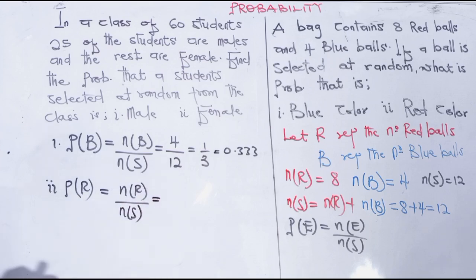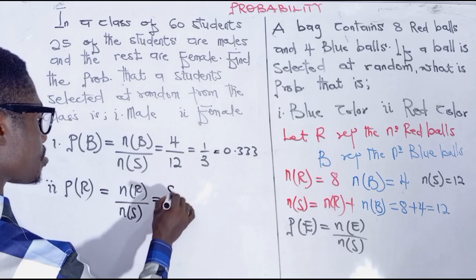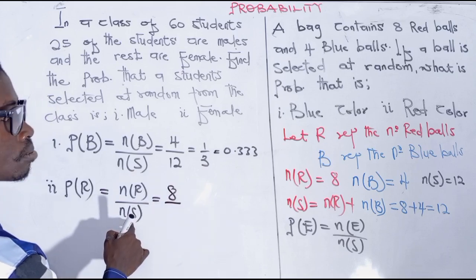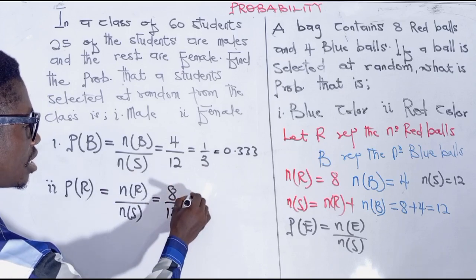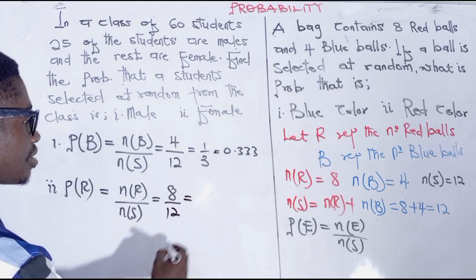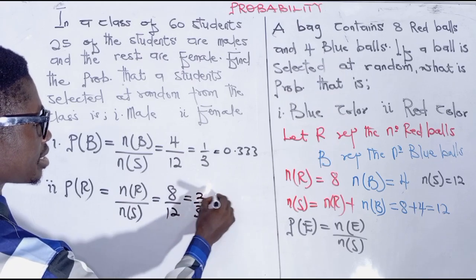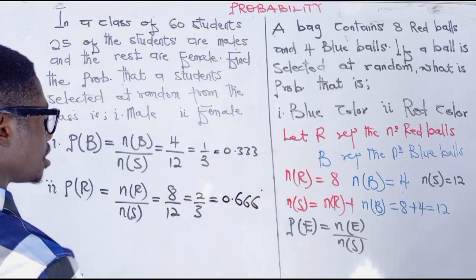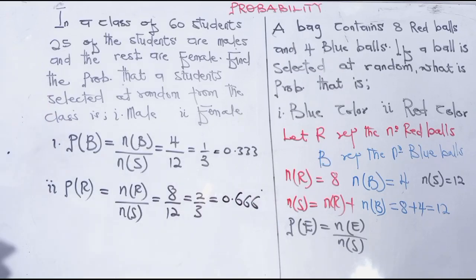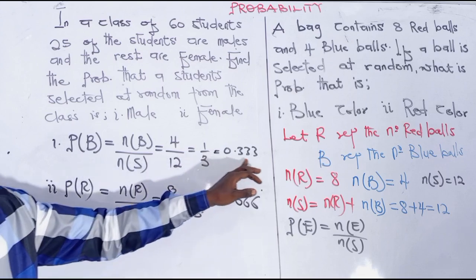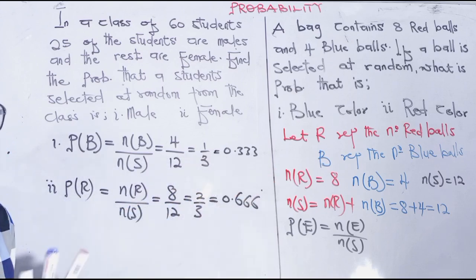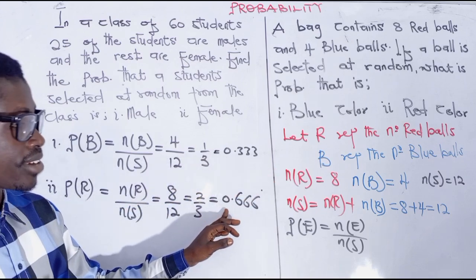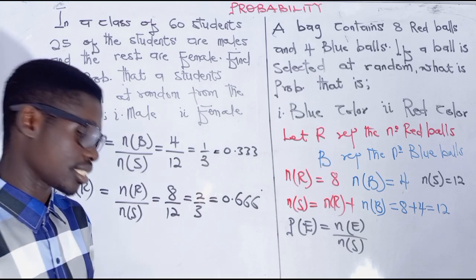Number of red balls in the bag, we have 8, all over 12, and this gives us 2 over 3, which is the same as 0.666 and so on. So the probability of picking a blue ball from the bag is 0.33, and the probability of picking a red ball is 0.6666.